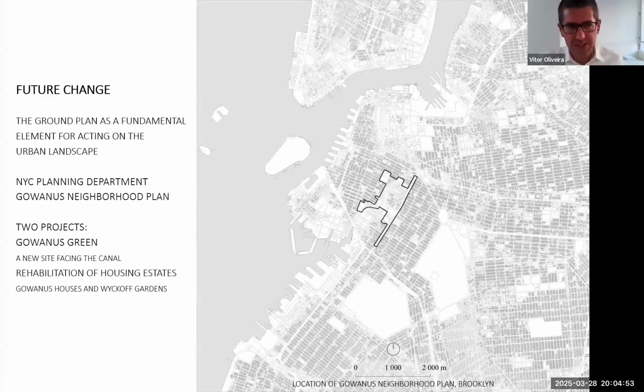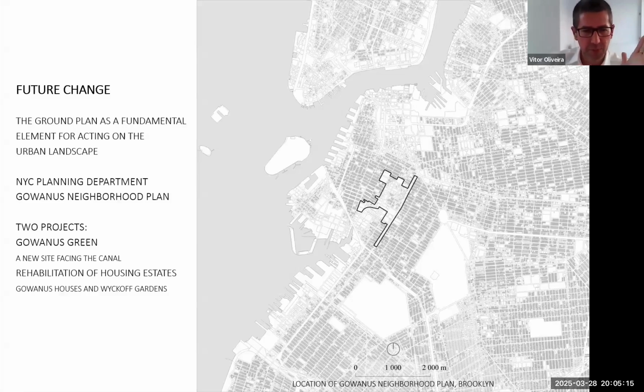So after looking at the past, we try to understand if the ground plan, this idea that was proposed by Conzen, but that was also in the mind of these 4 New Yorkers, could be used for acting on the urban landscape.